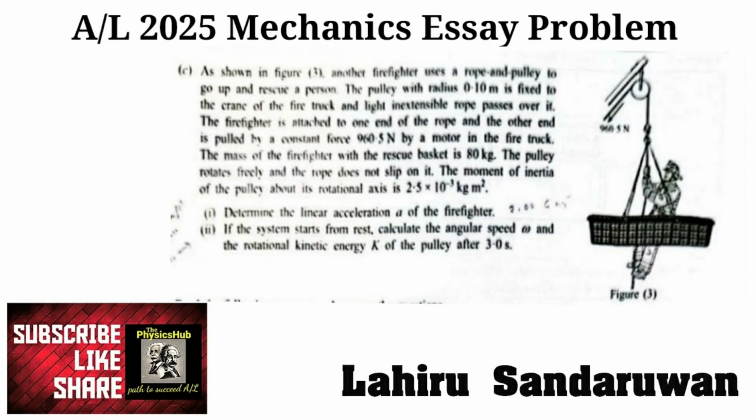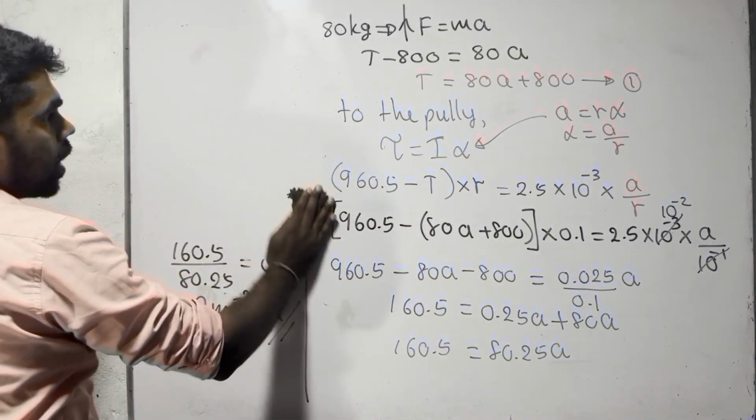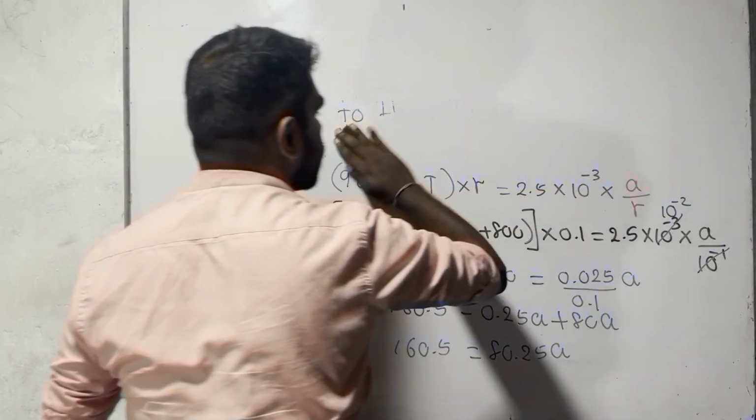And then part 2. If the system starts from rest, calculate the angular speed omega and rotational kinetic energy K of the pulley after 3 seconds. Now we know the linear acceleration of the pulley, which means the tangential acceleration.